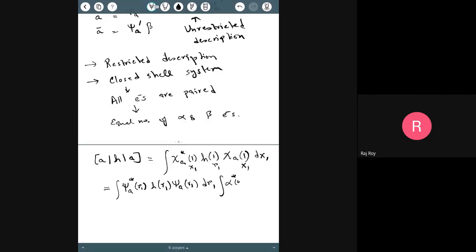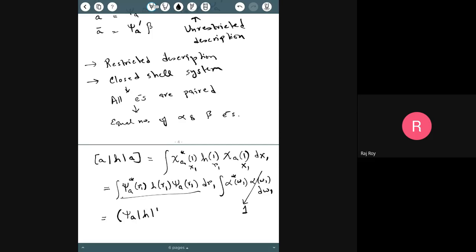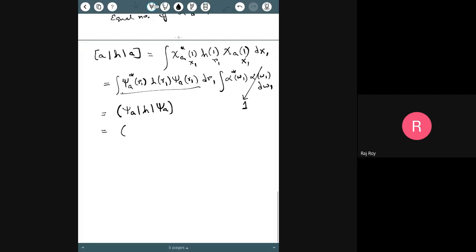So alpha star omega 1, alpha omega 1, d omega 1. And the spin functions are also independently normalized, so this is 1. And I have only a spatial integral, which again has another notation, that is round brackets. And that is psi A, H psi A, or A, H, A.